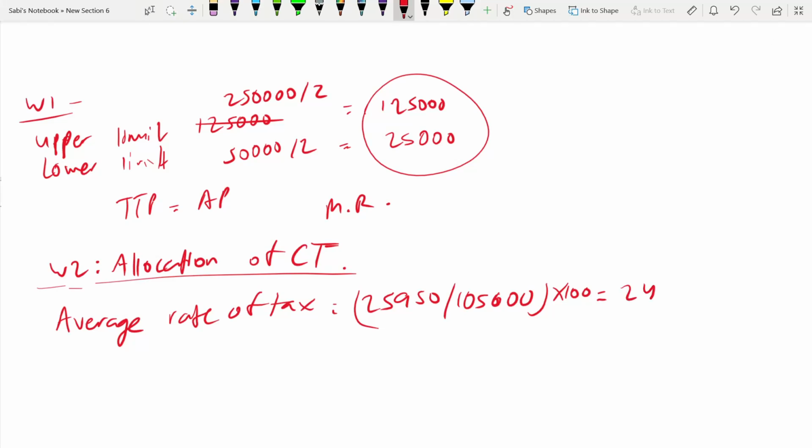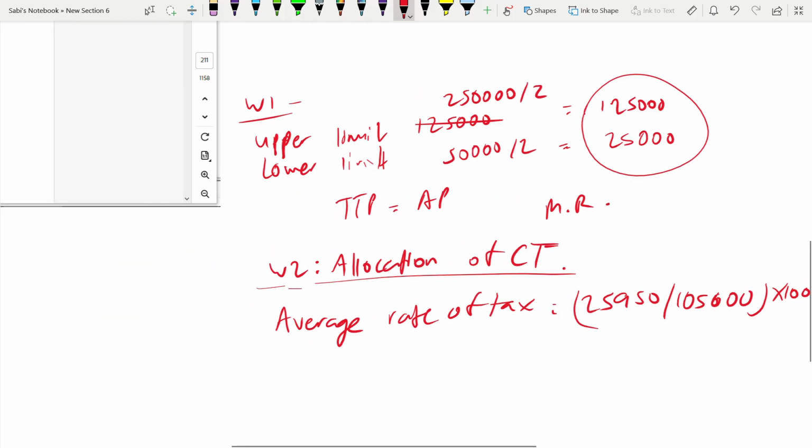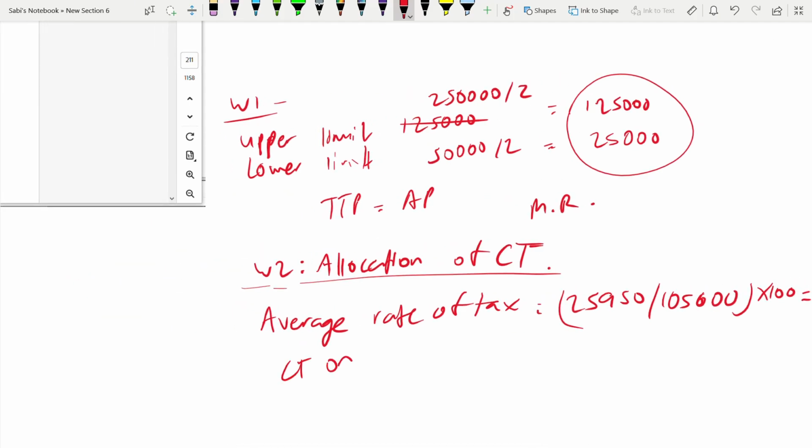We have done questions on this, 24.7143%. Now how much? CT on UK income, CT on overseas branch.